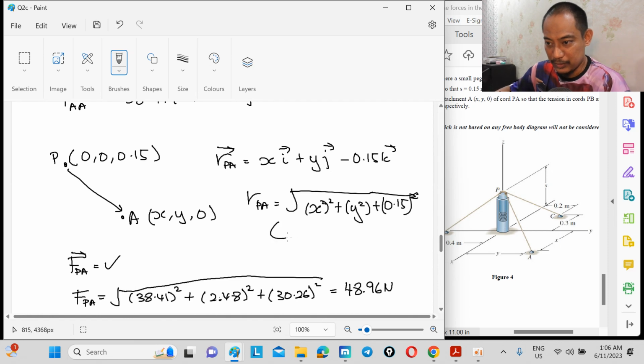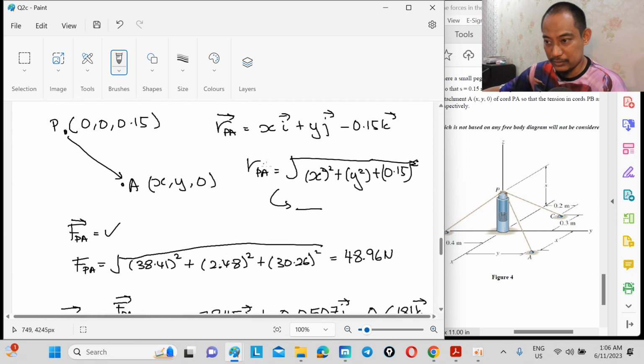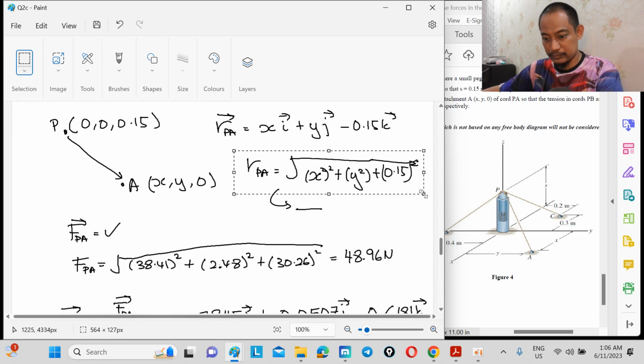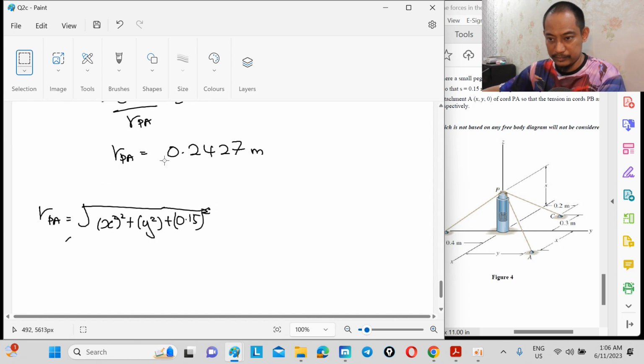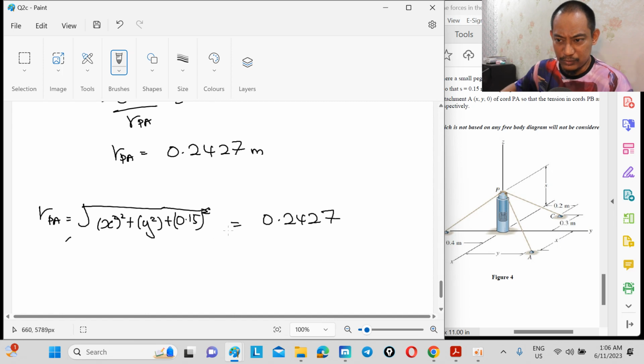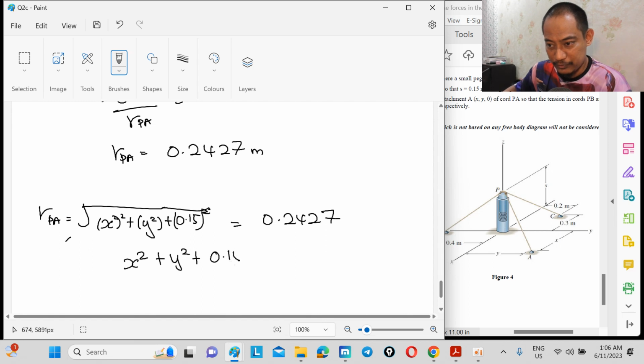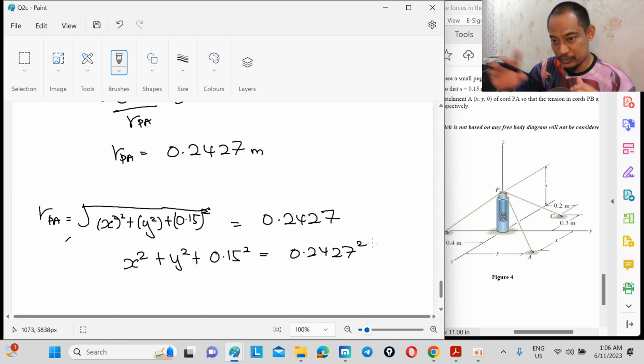So if we know this meter, going back here, RPA we didn't know, but now we know the actual magnitude. Can we do anything with this? So if we take this equation, and we know now it is equal to 0.2427, then it becomes x square plus y square plus 0.15 square should be 0.2427 square, because we square both sides.